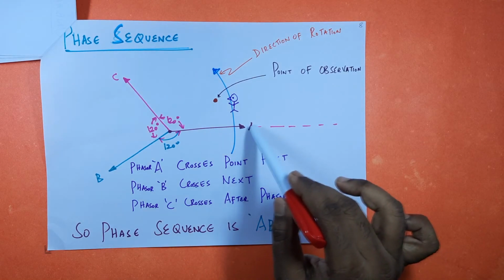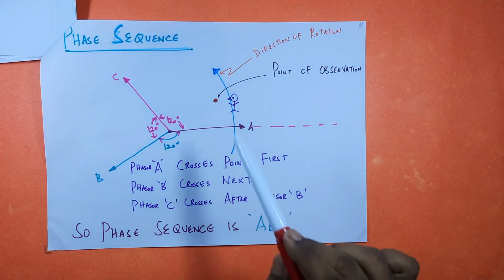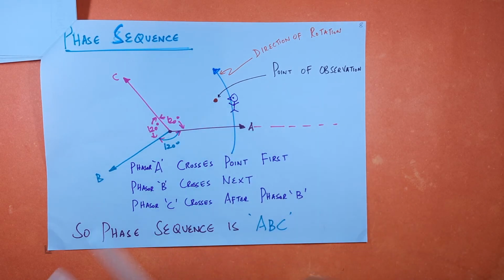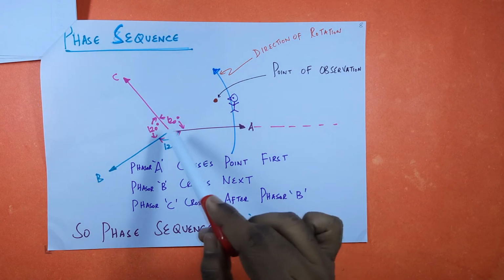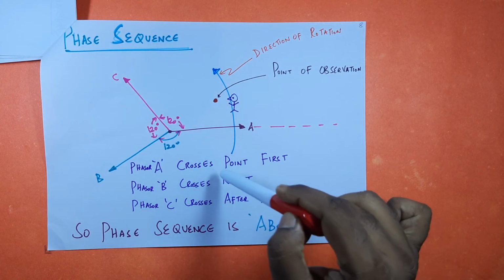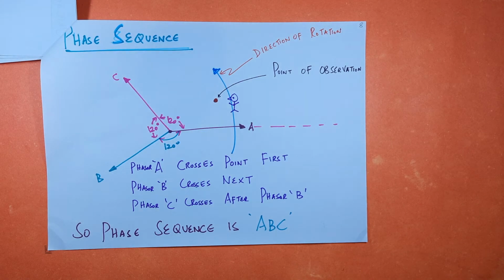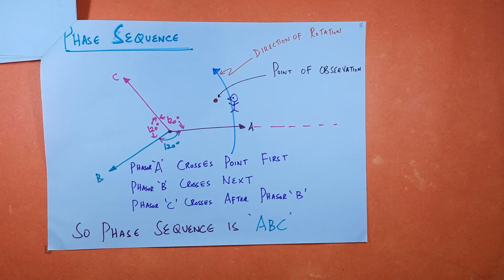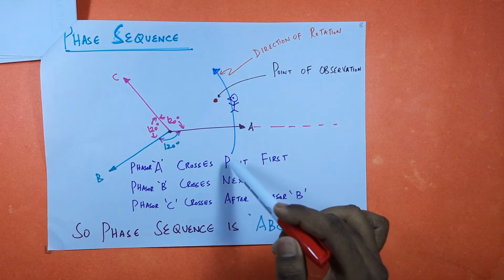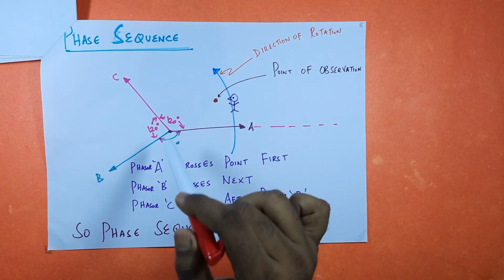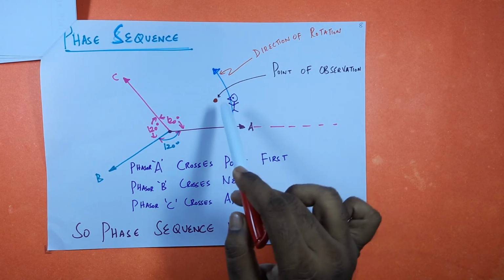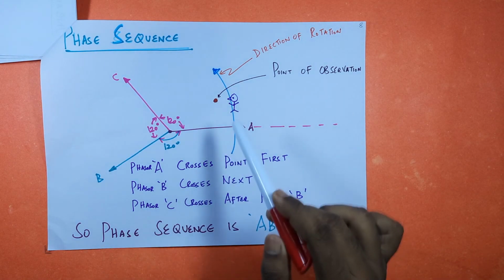So suppose this is the starting point. Here we have one point of observation. This dot is the point of observation. With respect to this center, we rotate this system of phasors in the anti-clockwise direction. So this is your direction of rotation. Imagine you are observing at this point.